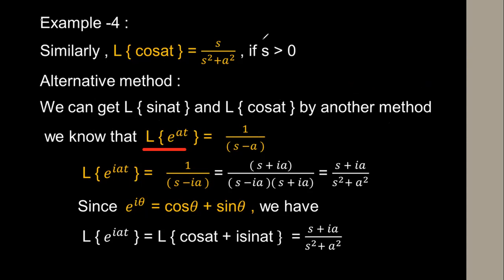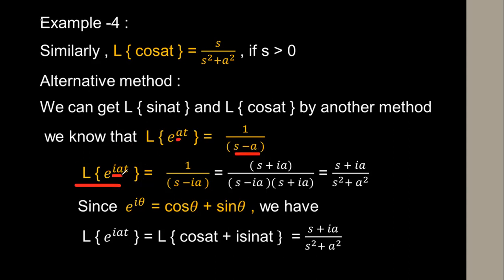Already we did this and verified this theorem. This is also one type of theorem, where we apply the Laplace transform to a function to get the Laplace transform of this exponential function in terms of s. Similarly, Laplace of e power iat can be written as 1 by s minus ia. Here the t coefficient is ia, that's why you get s minus ia.